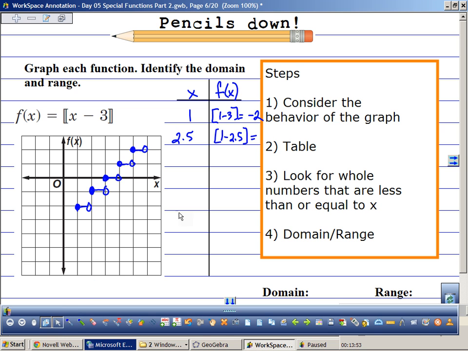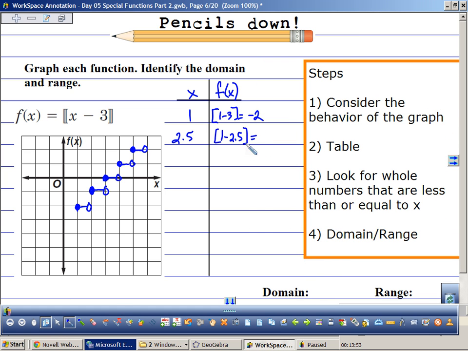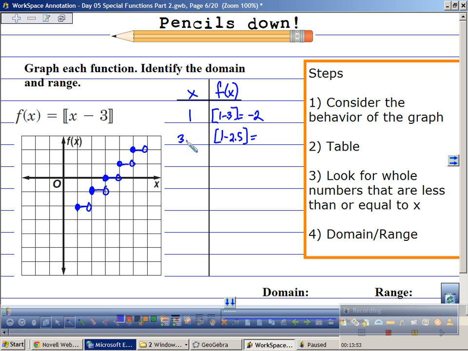Negative 1.5? You want to try something easier? Let's try 3.5. What do I get if I put in 3.5? What's 3.5 minus 3? 0.5, which is 0. So if I put in 3.5, I'm still going to get 0.